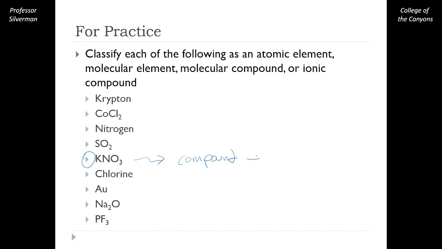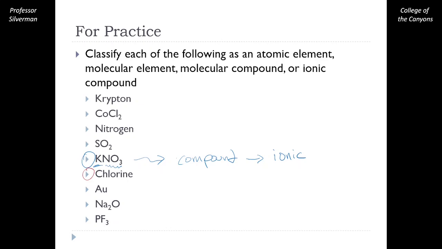And moreover, we can see that we have a metal combined with a polyatomic ion. This has to be ionic. So we can say that we have some ionic compound with KNO3.